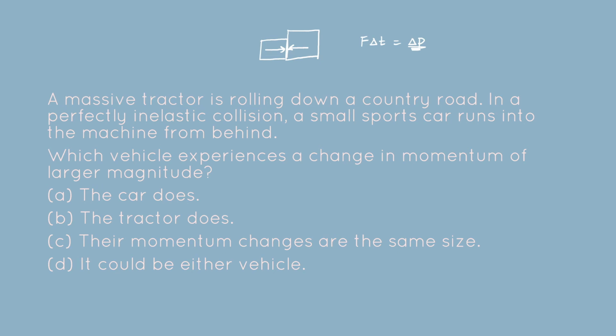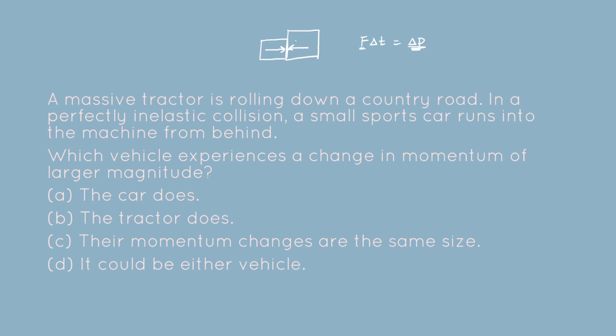If we consider each object, there is a net force acting on it. It is only when we consider both objects as a system that there is no net force acting on it. So the net force acting on either object should be the same by Newton's third law.